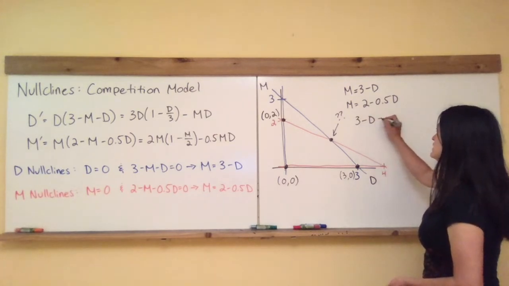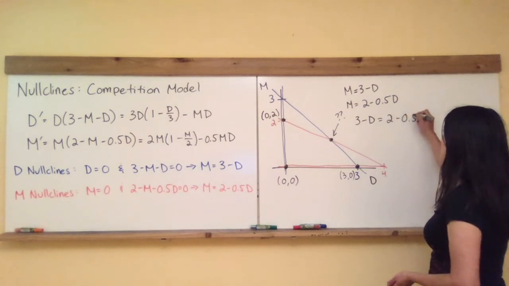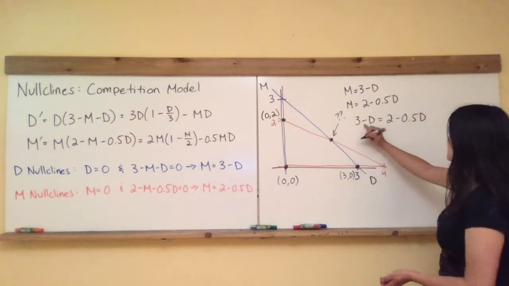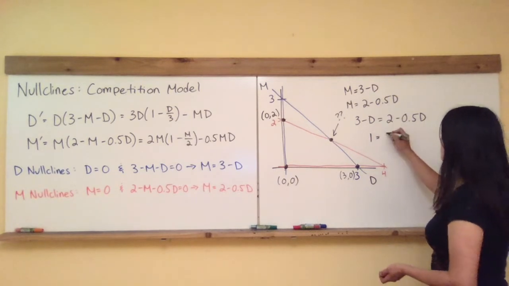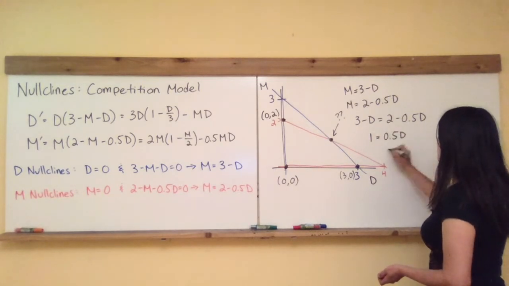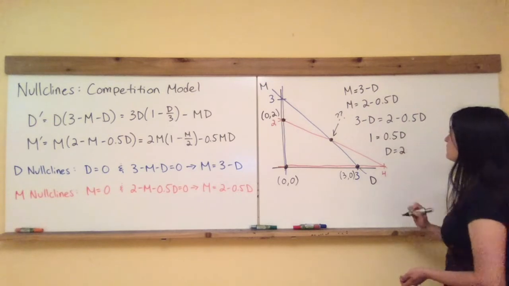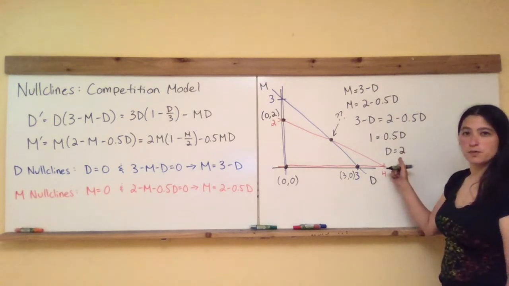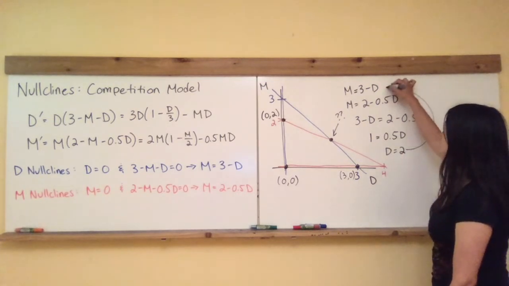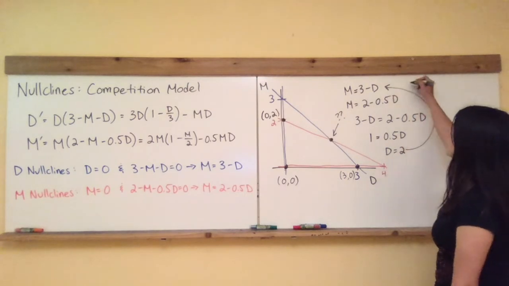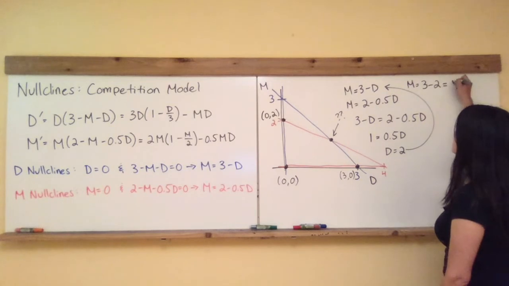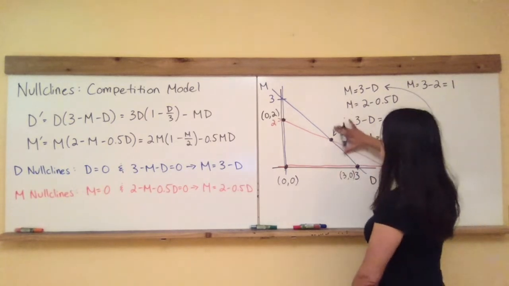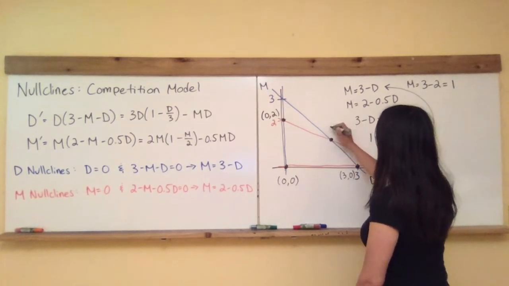So 3 minus D equals 2 minus 0.5D. And then I'll bring all the D's over to one side, and so I get 1 is equal to 0.5D. And so I get D is equal to 2. And then once I get the answer for one of the variables, I just plug it back into either one of the equations. And so M is going to be equal to 3 minus 2, which is 1. Okay, so that is the point 2, 1. Solved it.